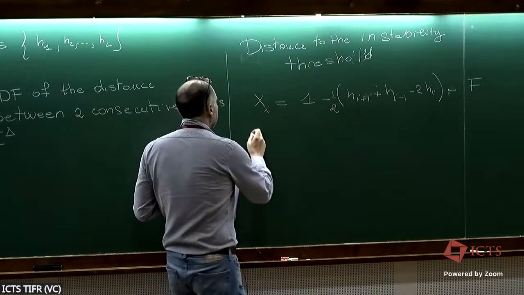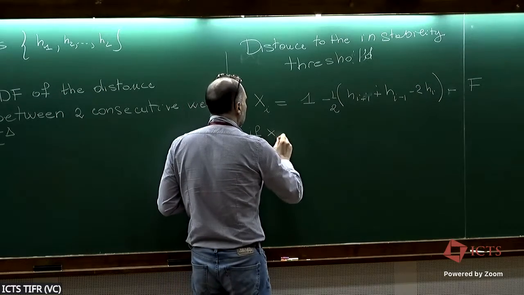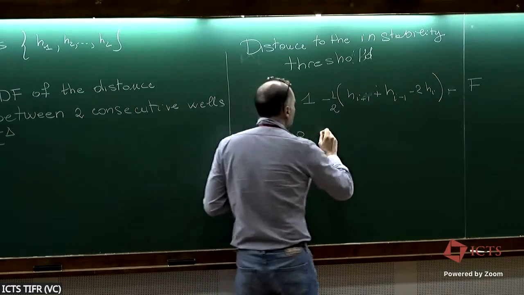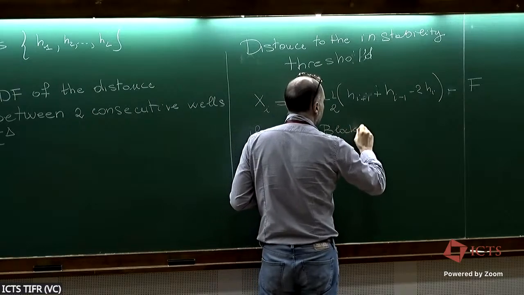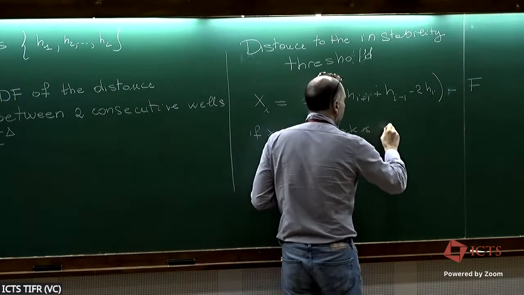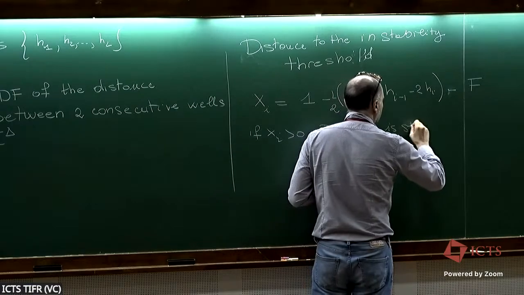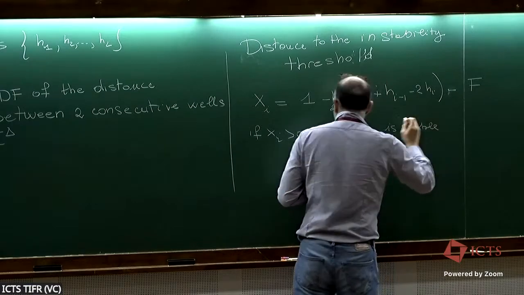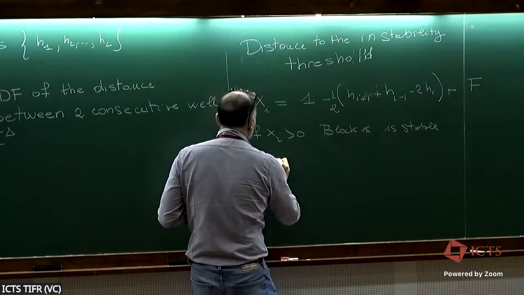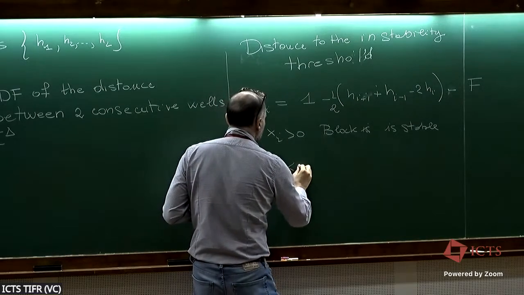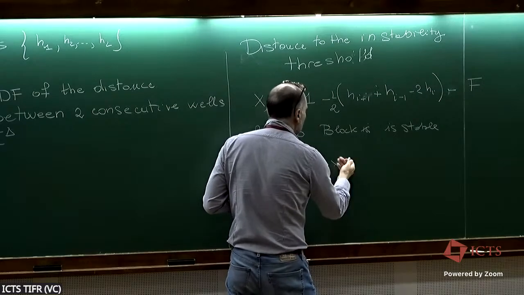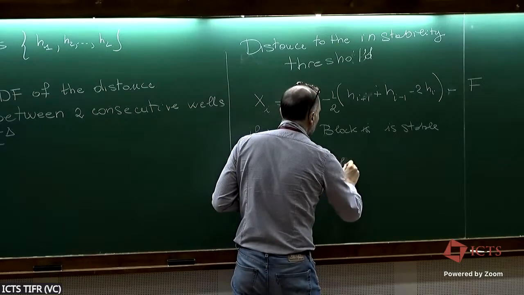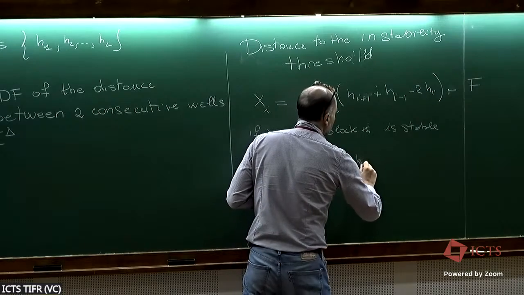If xi is positive, the block i is stable. And if xi is negative, then the block i is unstable.